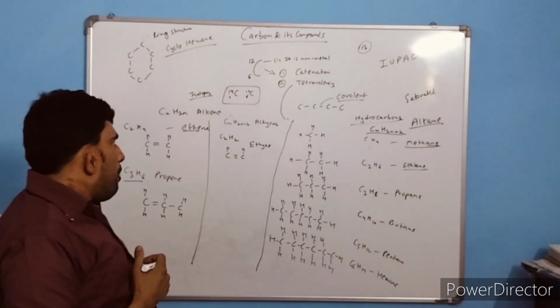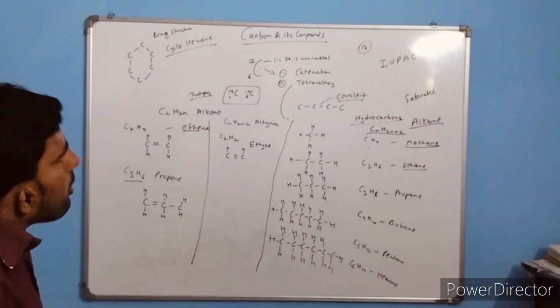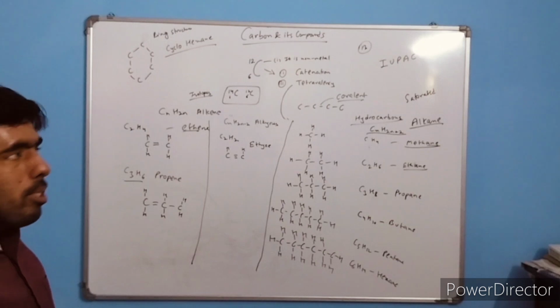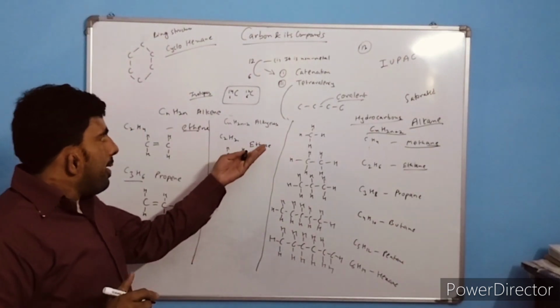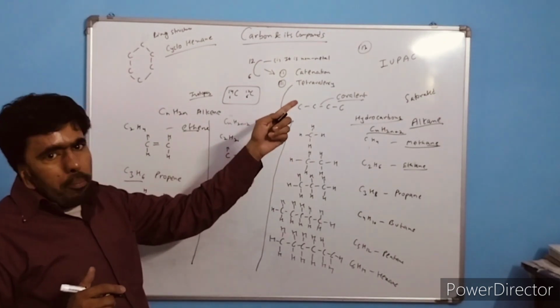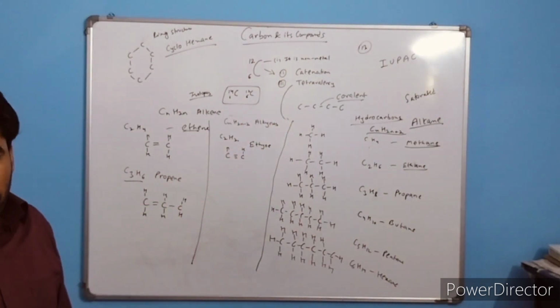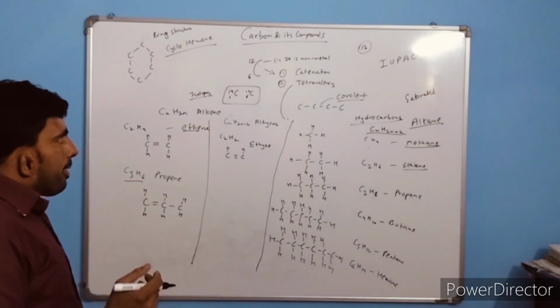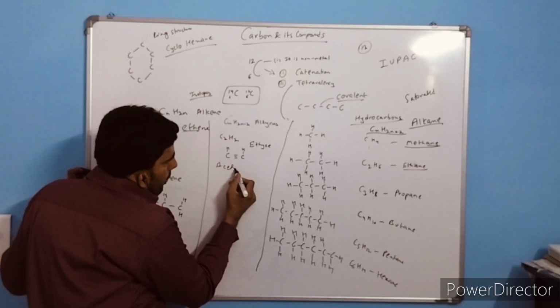I must tell you now, as IUPAC have named the structure according to the rules they have made, they have two names. Ethyne is the IUPAC name. Now the next name is the common name. Ethyne is a welding gas, if I say. Another name is acetylene.